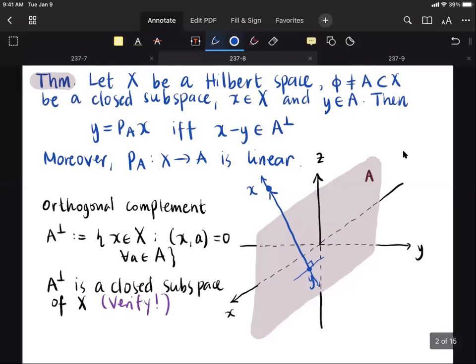So that finishes the proof of this equivalence.